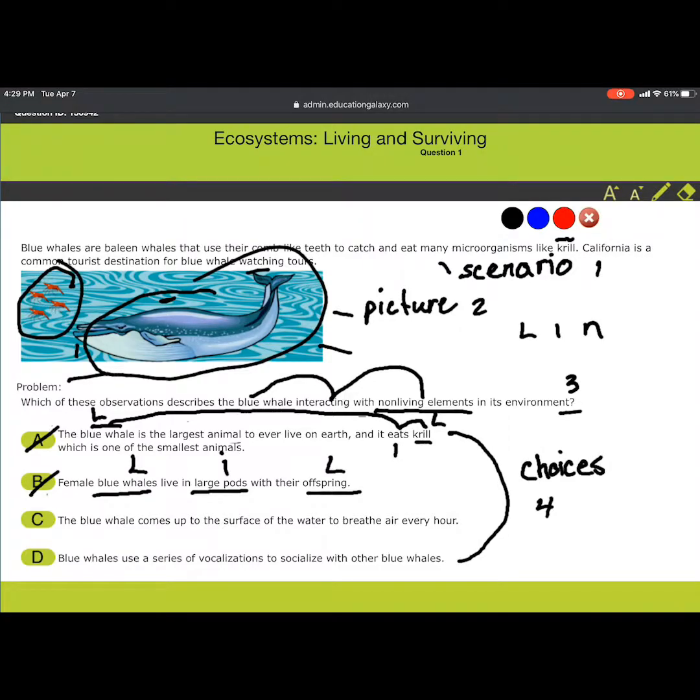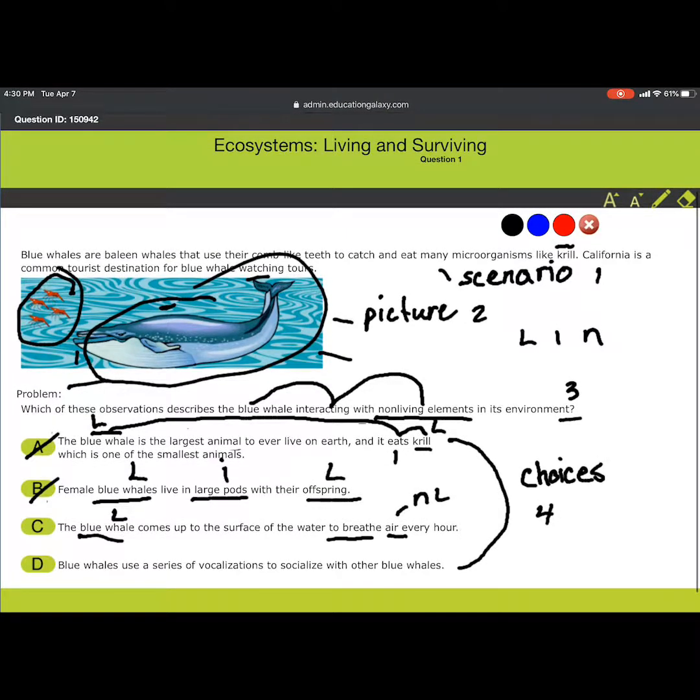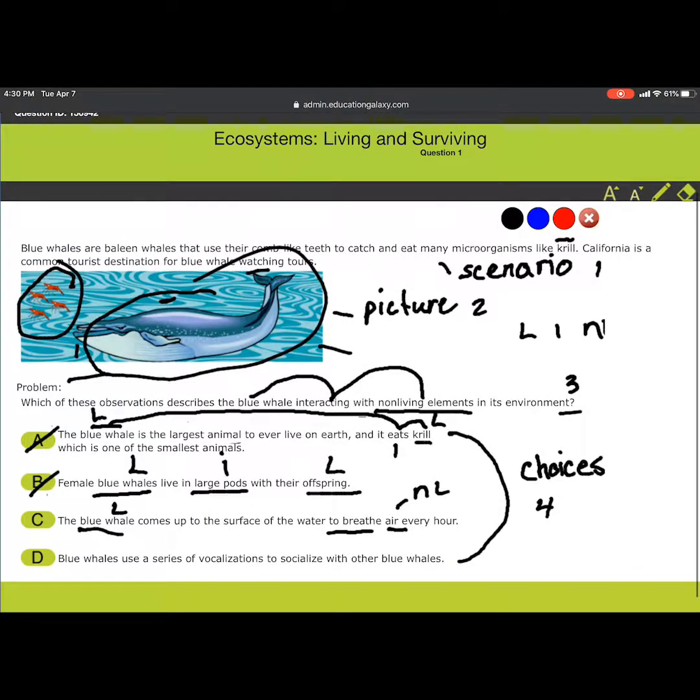The next one is the blue whale comes up to the surface of the water to breathe air every hour. So here's living: comes up to the surface of the water to breathe, so breathe the air. And this is non-living, we know that's non-living, NL. I don't have room to write NL over here, guys, so let me erase that and write it again: interacting with non-living.